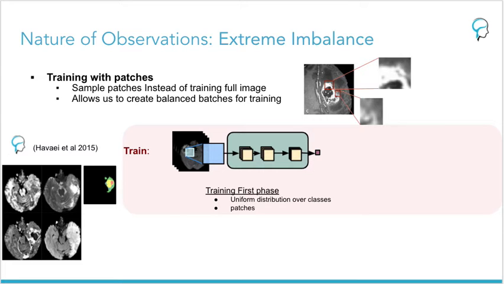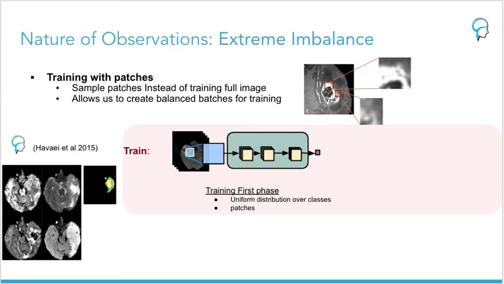So uniformly sampling patches over classes means that consider a batch of patches. Now, in that batch, all the classes are equally represented. We don't have more patches from one class and fewer patches from another class. This is what I mean by uniform sampling over classes.